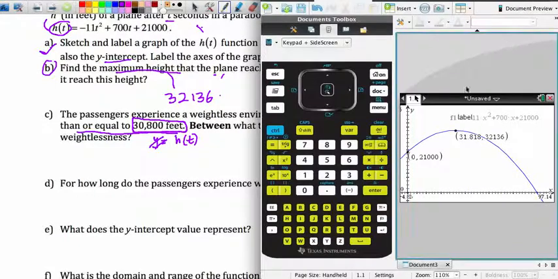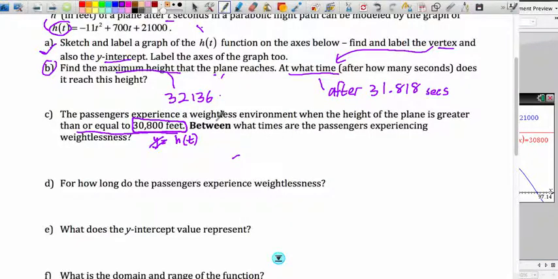And so I'm going to go back to my graph over here, and what I'm going to do is sketch another graph, and so I'm going to push tab, and what I'm going to graph is 30,800, and it's going to produce a horizontal line for me. And what I'm interested in finding in this case, so let me move that out of the way, is the coordinates of the intersection between those two graphs, because that will show when they're equal. And if you come back to the question, you'll see you are weightless anytime the height of the plane is greater than or equal to.